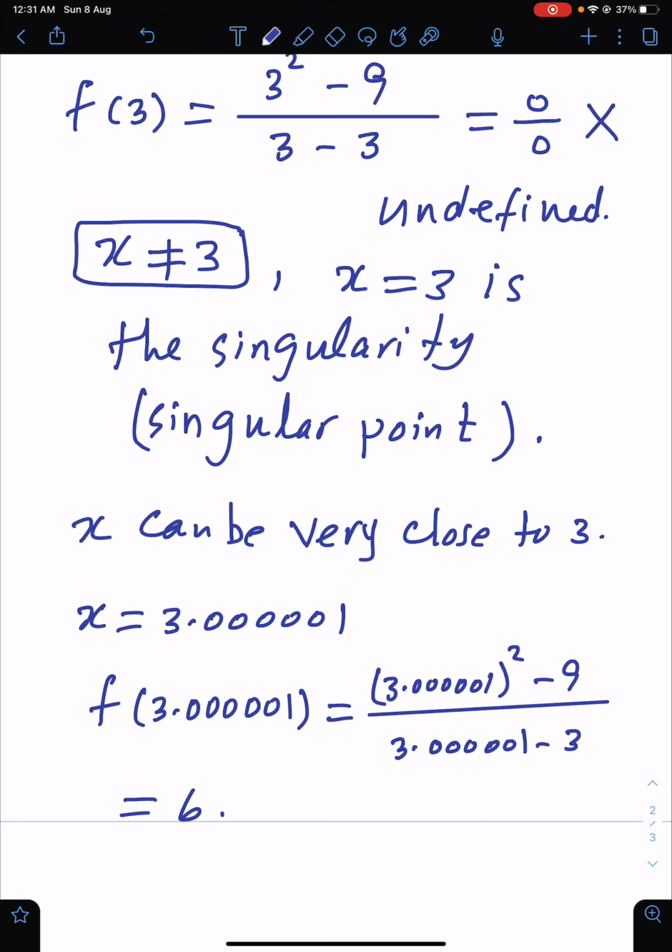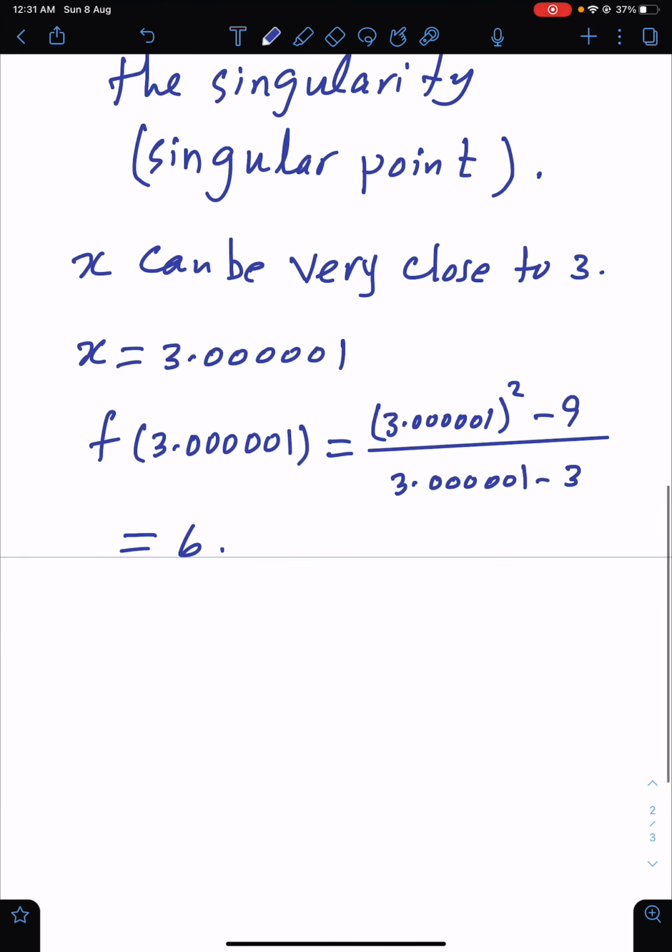The result will be 6. Therefore, in this case, we say that x cannot equal 3, but x can be very close to 3.